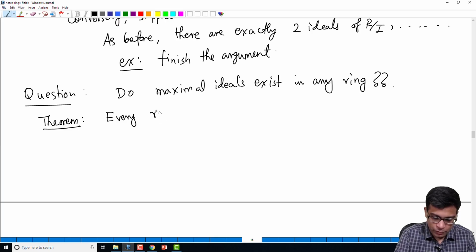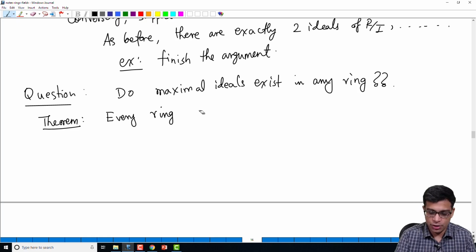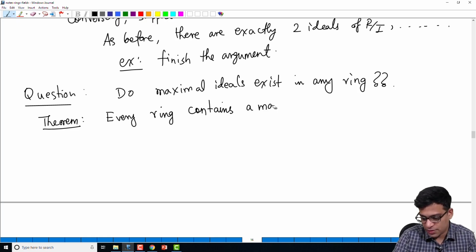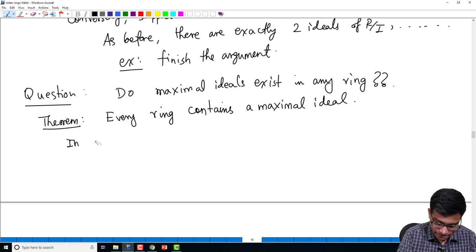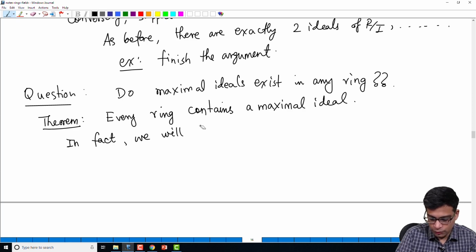Every ring, remember rings for us are always commutative rings with unit, contains a maximal ideal. In fact, we will show a stronger result.